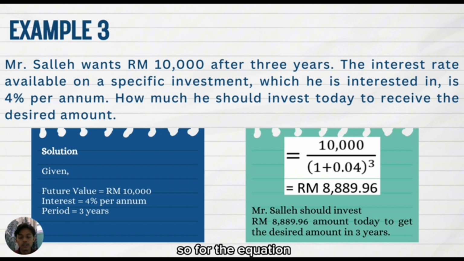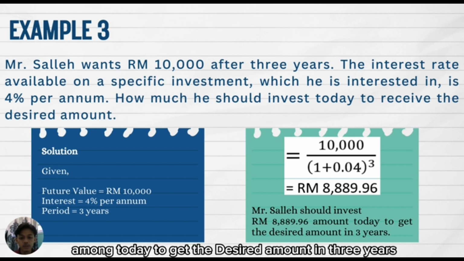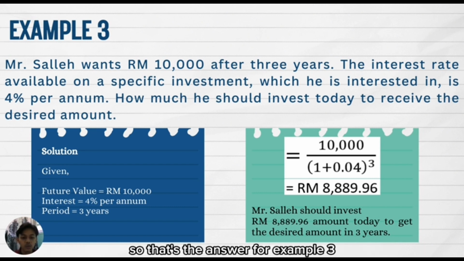From the equation, we get the answer 8,889.96. So Mr. Saleh should invest this amount today to get the desired amount in 3 years. That's the answer for example 3.